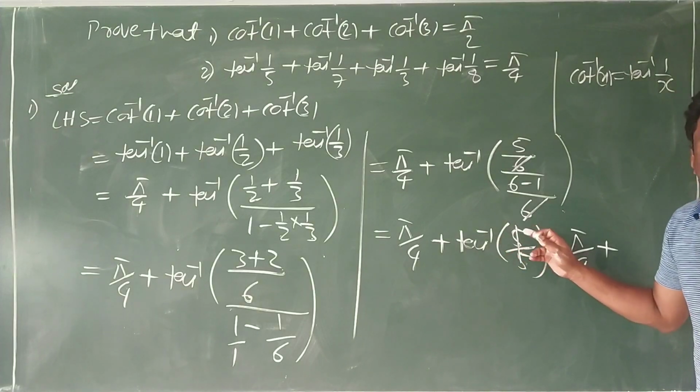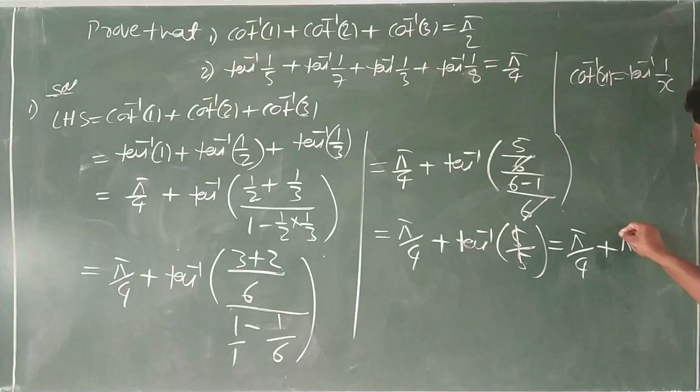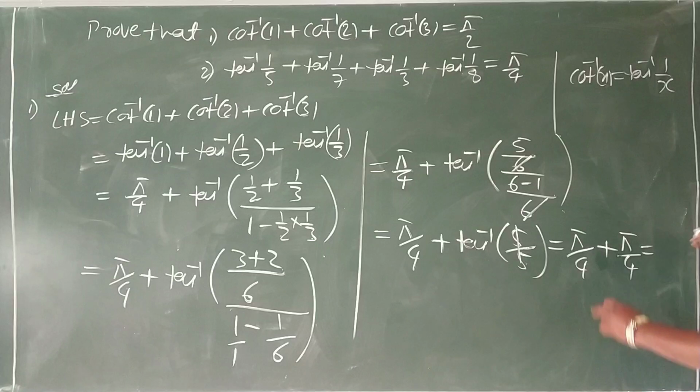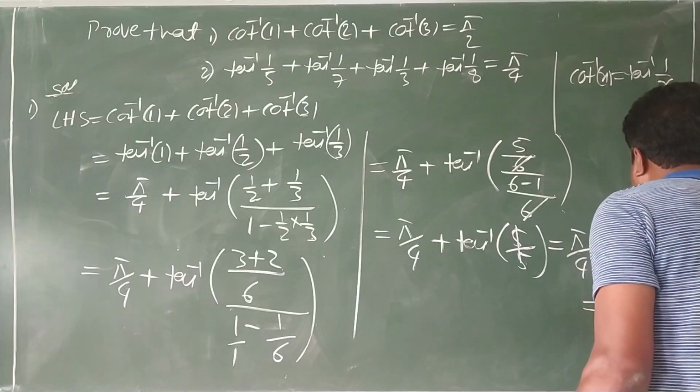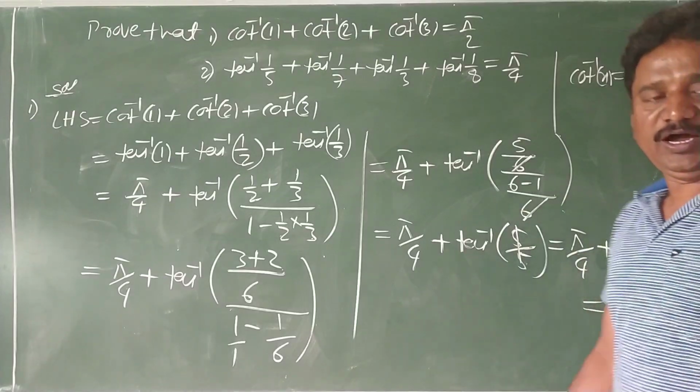How much is tan inverse 1? Pi by 4. Observe, students, 45 plus 45 is 90. Pi by 4 means 45. So 45 plus 45 is 90, so we proved RHS. LHS is equal to RHS.